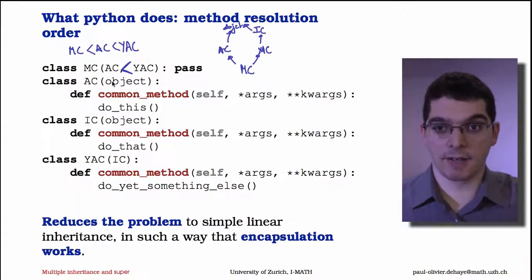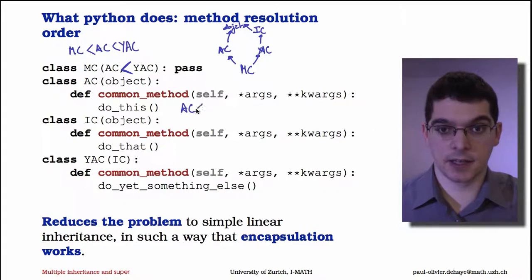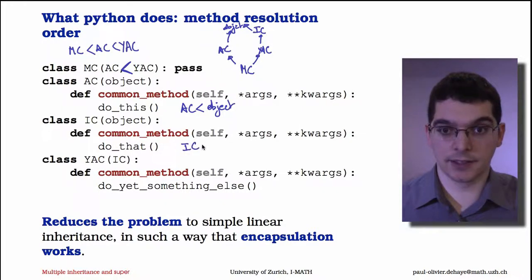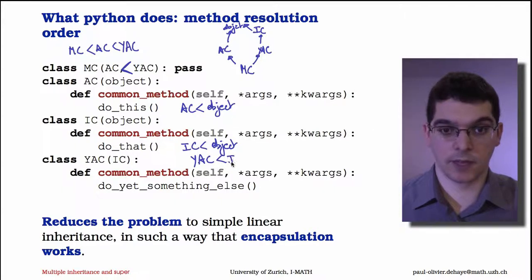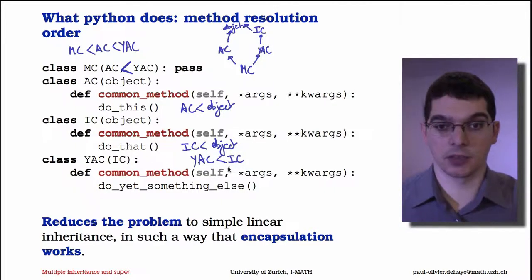So here I have another ordering that says that AC inherits from object, and here I have yet another decision that IC inherits from object, so it should come before in the ordering, and finally YAC inherits from IC, so this guy should come before.